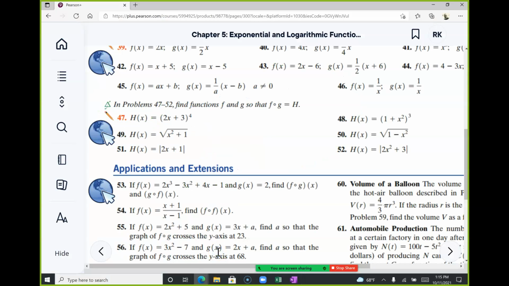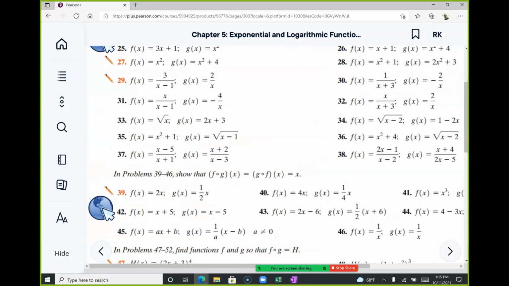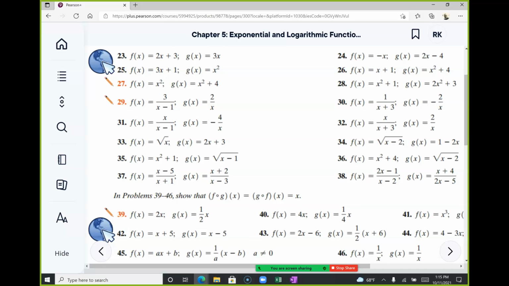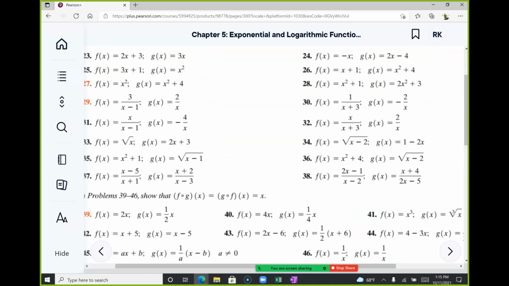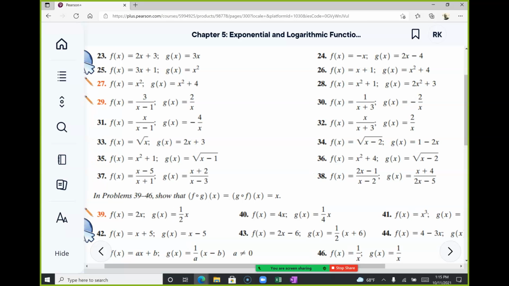Nice. So for homework in the book, I definitely like 23 to 38, and I like the ones with fractions. If you want to take a quick photo of any of those right now, so you don't have to open the book. And then of course you can double check yourself using Symbolab, Photomath.